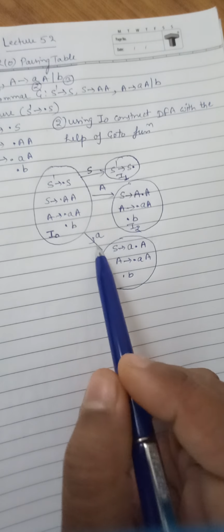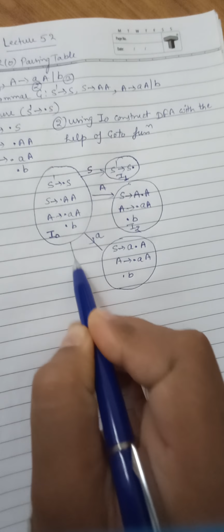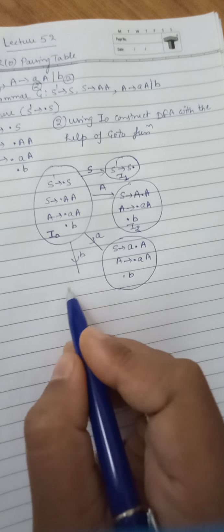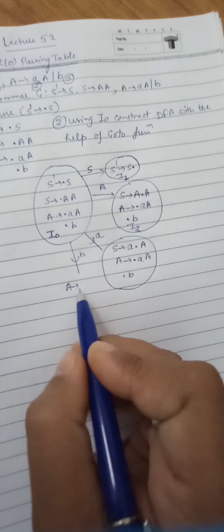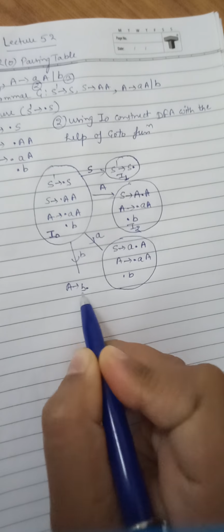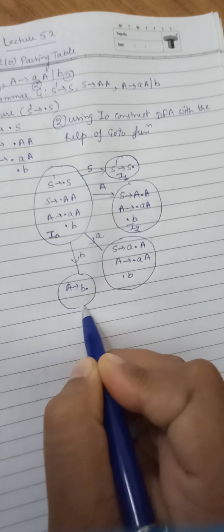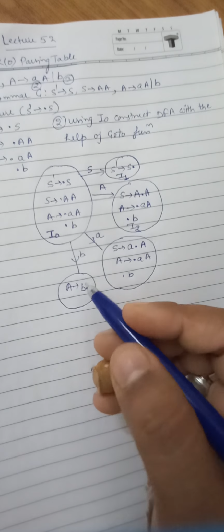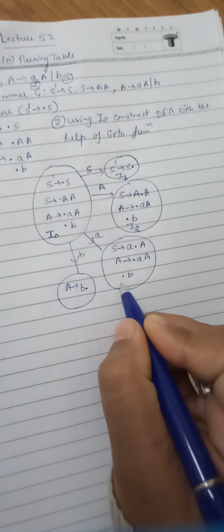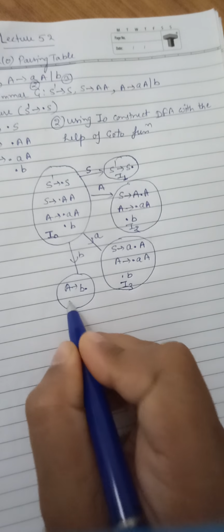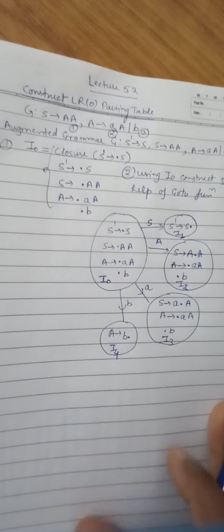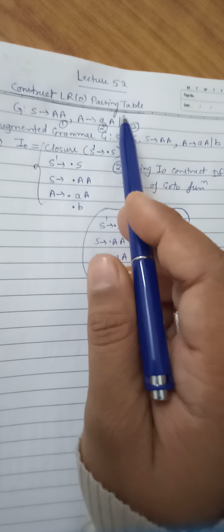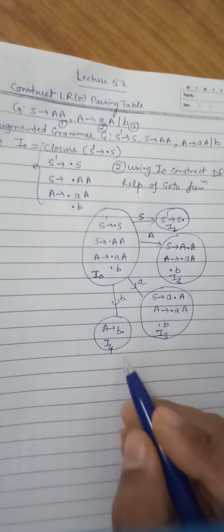S transition is over, A transition is over, terminal a transition is over, terminal b transition is left. For terminal b, A tends to b dot, because before b the dot was there, so the dot will come after b. It means that transition is completed. So this was I3, and this is I4. From the productions given in the grammar, the third is completed.